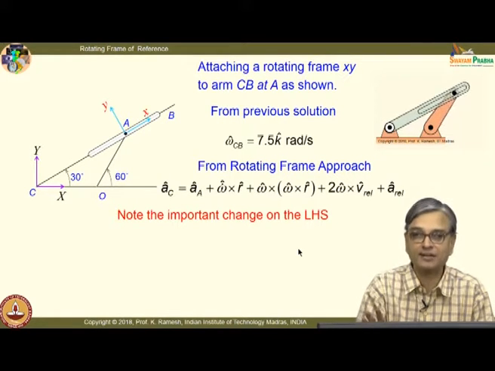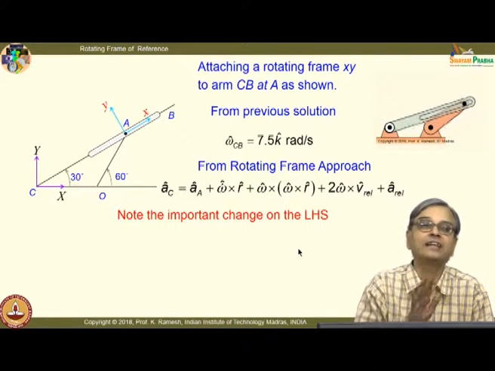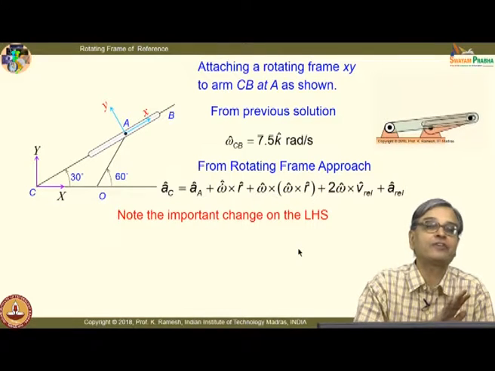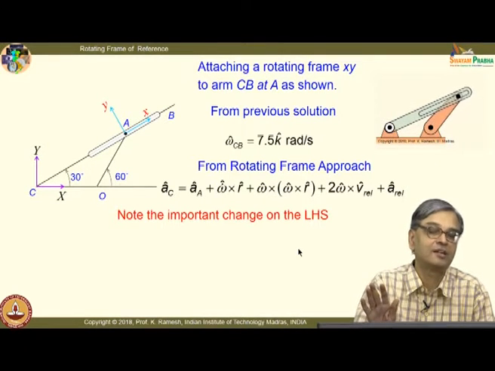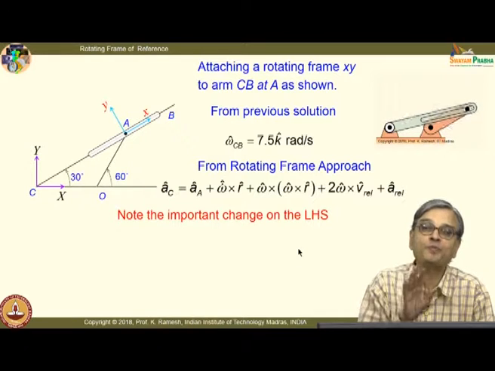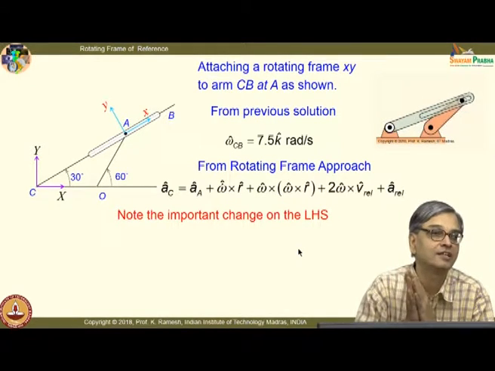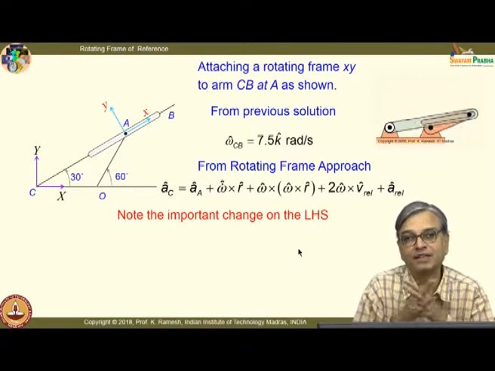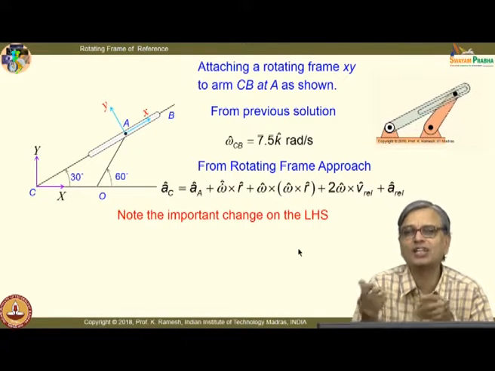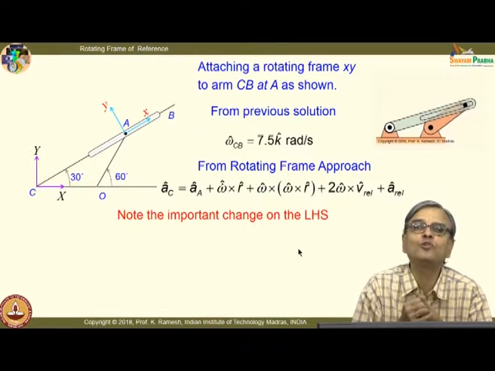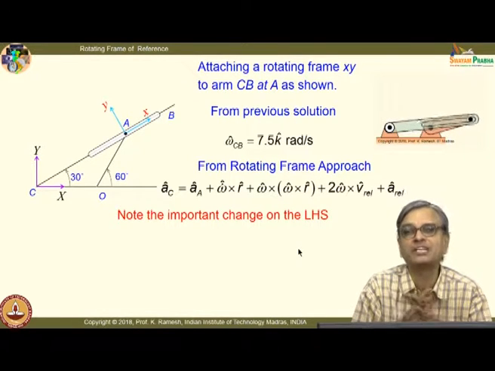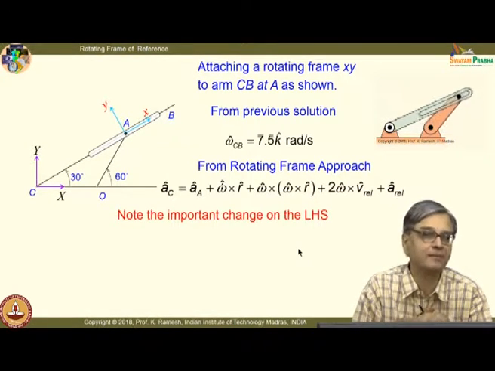When I have a slotted member, you take the rotating frame of reference on the slotted member, at an appropriate point, so that I can view the point moving along the slot. Do not sit on the point. That would be the recommendation that I would say. These are all thumb rules. See, these thumb rules you must verify for a given application whether they are applicable.